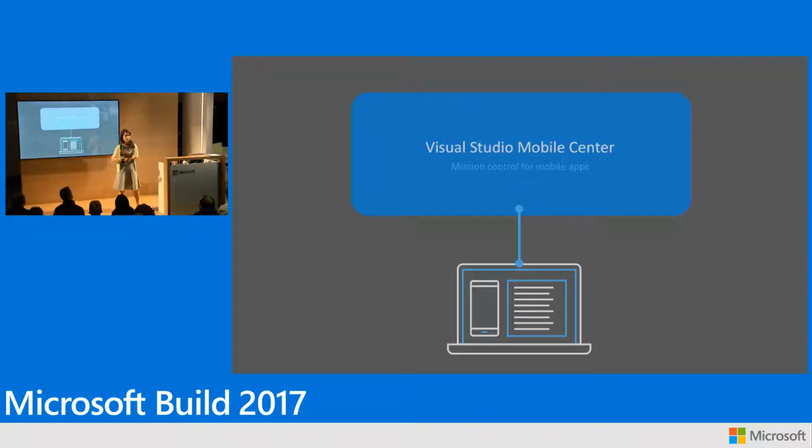And once your app is out in the store or out in some people's hands, maybe internal testers or maybe a line of business app, you can learn from their usage. You can understand if the app crashes, how to fix it, how people are using it, what events they are sending. All of these things you can find in Mobile Center.